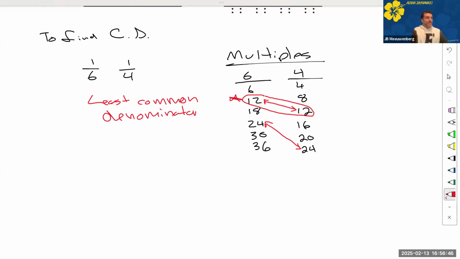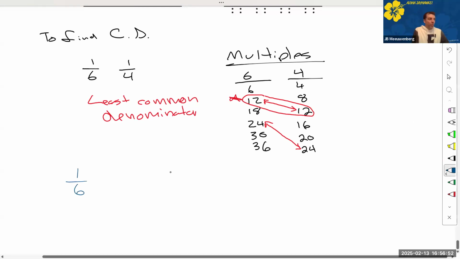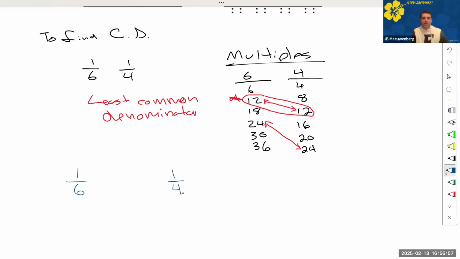Once you have found it, if we go back to 1/6 and 1/4 and look at them individually, we know we have to change this into something with a denominator of 12.